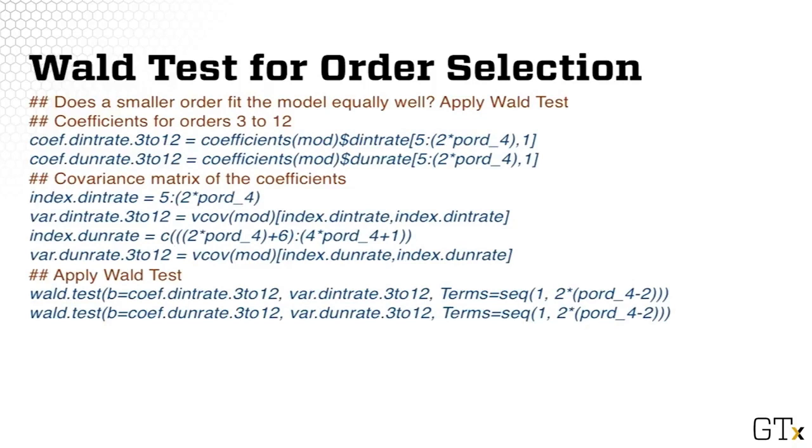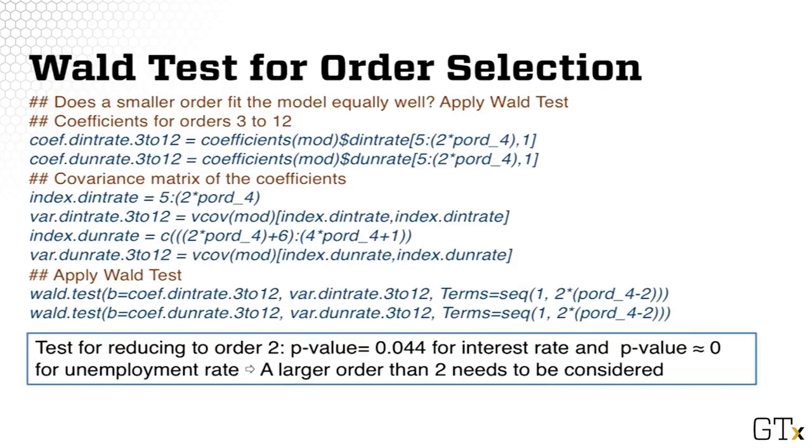Last, I'm applying the Wald test function in R, where I need to specify the coefficients and their covariance matrix. The option terms in this function can be used when we're interested in testing only a subset of coefficients. Here I'm using all coefficients since I already extracted order 3 to 12 coefficients from the entire vector of coefficients.